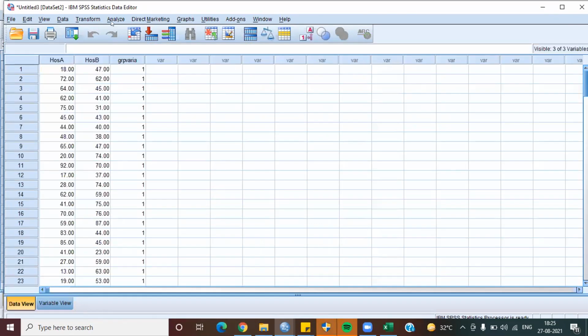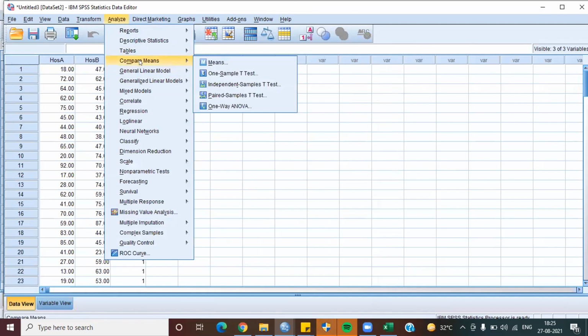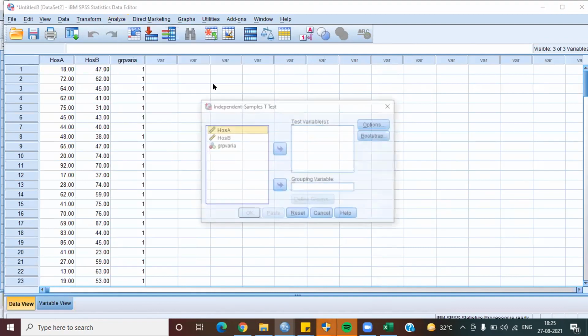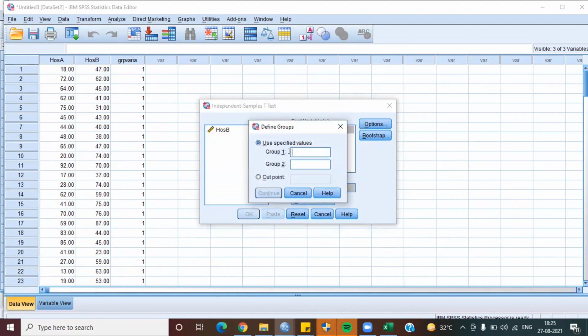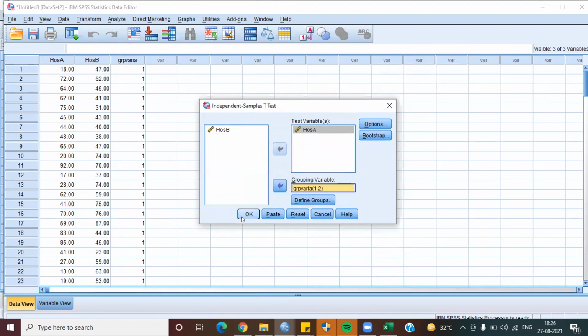In data view, go to Analyze, Compare Means, Independent Samples T-Test. I shifted the beds data as the test variable, and the group variable is defined with group 1 as hospital A and group 2 as hospital B. Then continue, then okay.